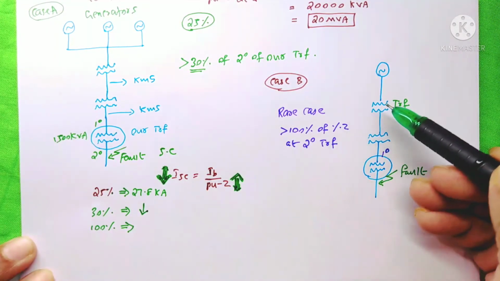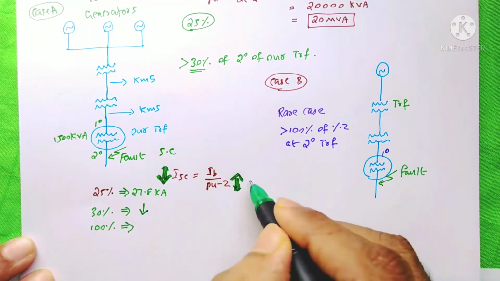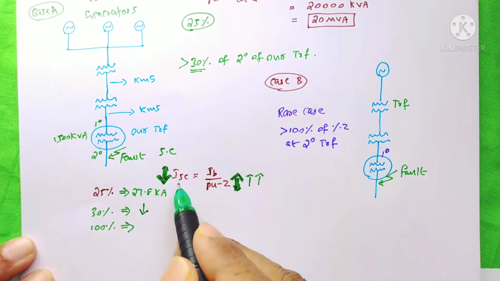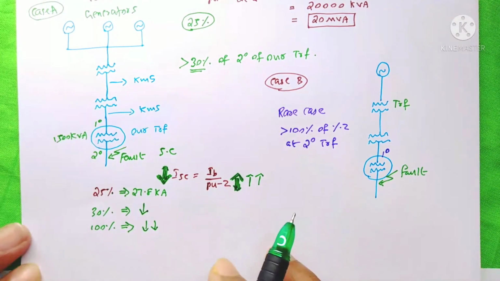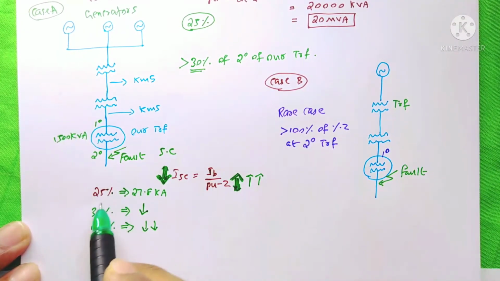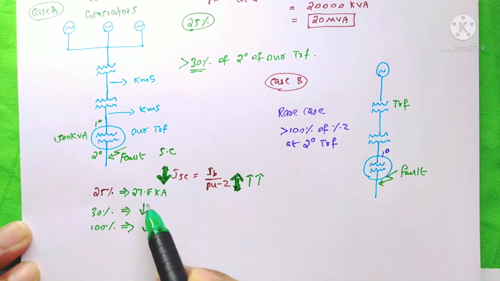And if our case is this one, that means 100% or more than 100%, the per unit impedance is increased too much. At that time, our short circuit current will be decreased too much. But on our system, we have taken this 25%. So for this 25%, our short circuit current is greater than in all these conditions.